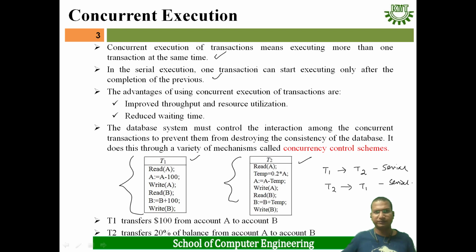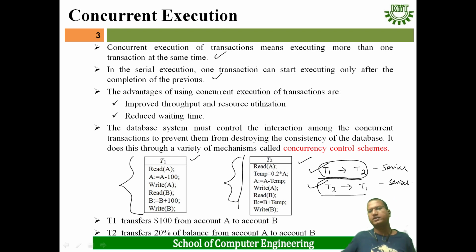The advantages of using concurrent execution of transactions I have already told you in previous cases. Whenever serial execution of transactions is there, the database is always in a consistent state. Whenever transaction T1 executes completely, then transaction T2 executes completely, the database will always be in a consistent state.